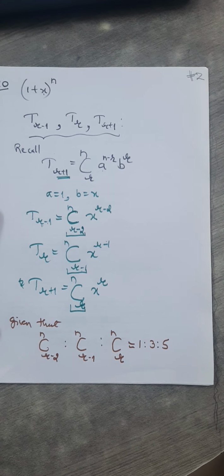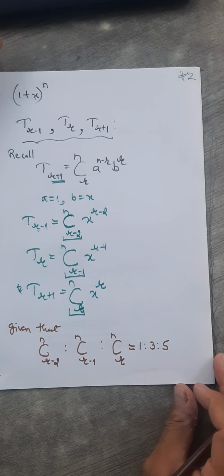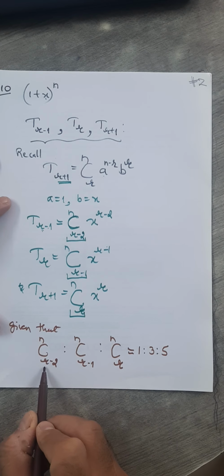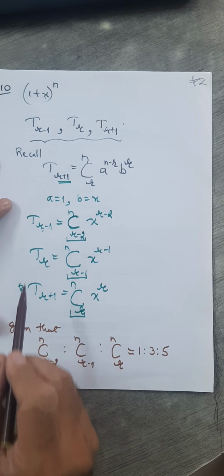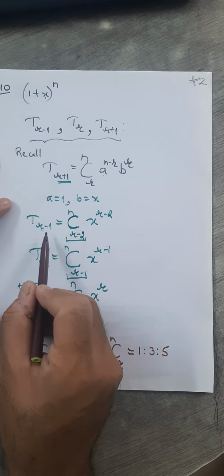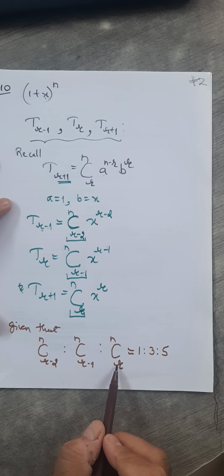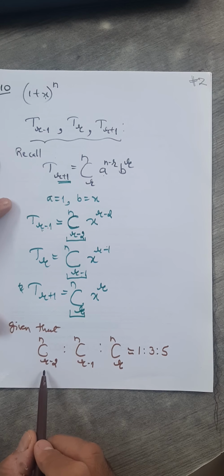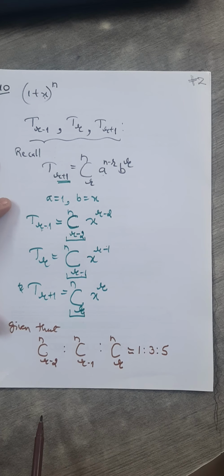This is given to us. I have just written the coefficients here, remember. This is the coefficient of the (r-1)th term, this is the coefficient of the rth term, and this is the coefficient of the (r+1)th term. So we are given that these three coefficients are in this ratio.